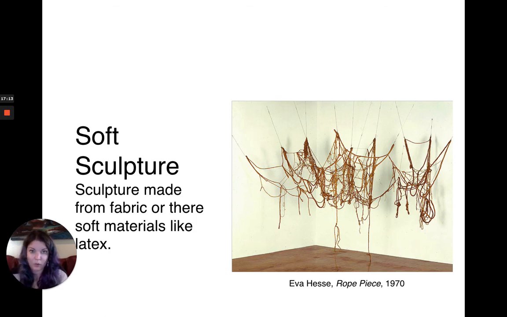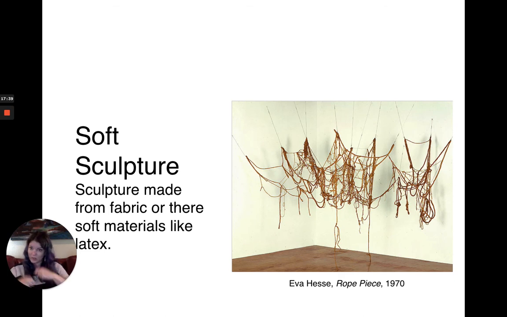This is made from rope and latex, and I think resin, maybe polyurethane, and it was made in 1970 by Eva Hesse. So with soft sculpture, everything we've looked at so far is hard: metal, wood, ceramics, all things that are hard. Soft sculpture is just making something three-dimensional that extends into space out of softer materials.